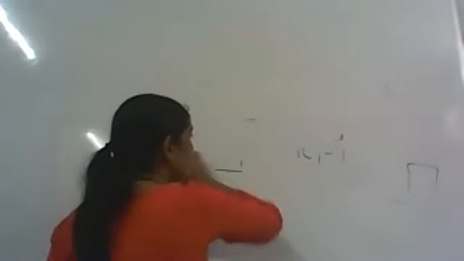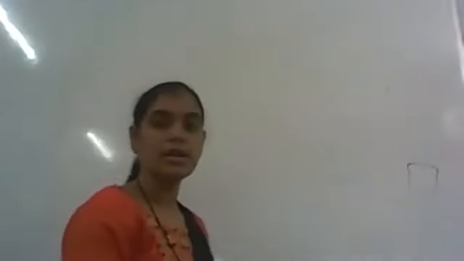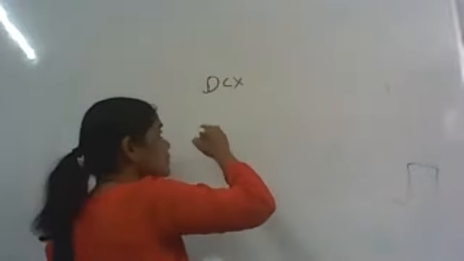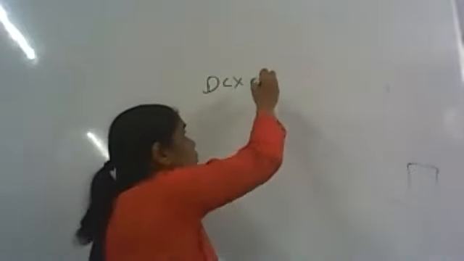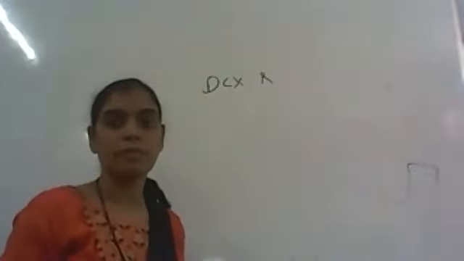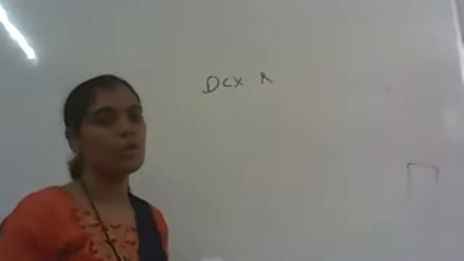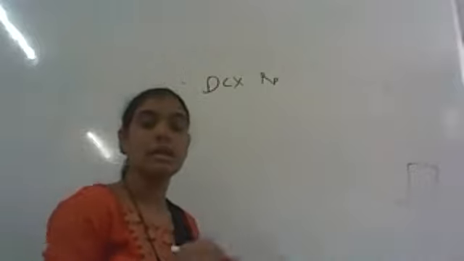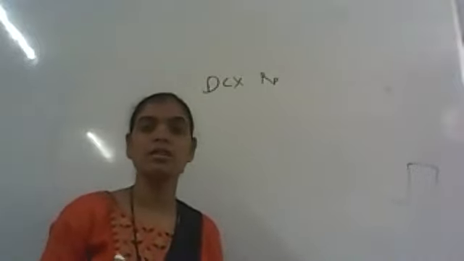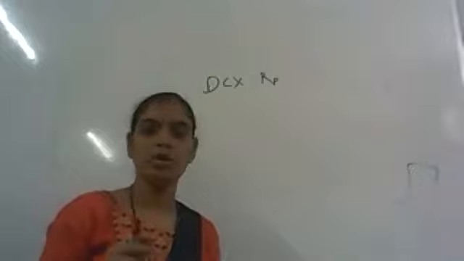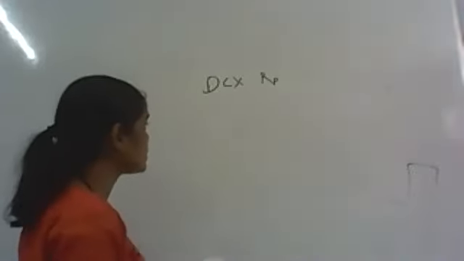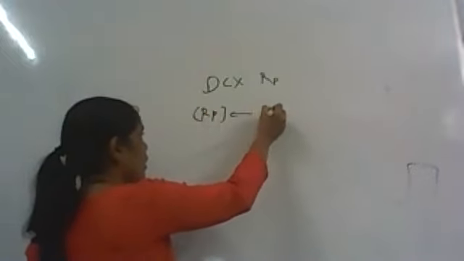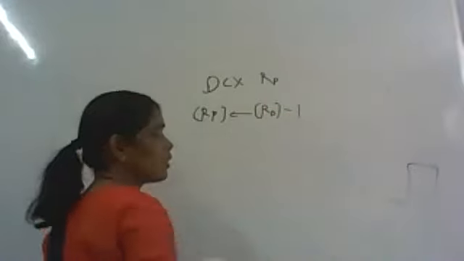Now we see the next instruction, that is DCX. The DCX instruction operand is R. Decrement register pair by 1. Here you can write RP, register pair. The DCX instruction decrements the content of the register pair by 1 and the result is stored in the same place itself, that is RP minus 1.